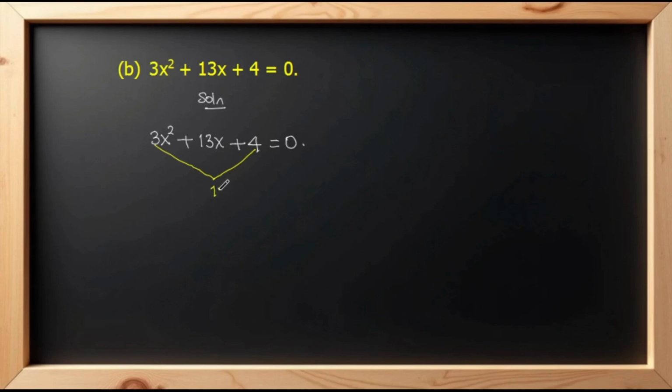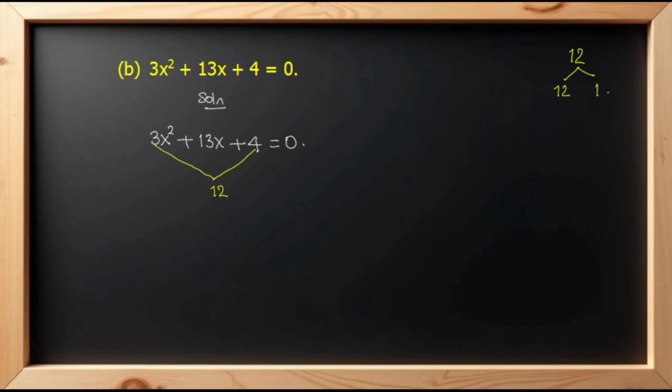So here we obtain 12. So our new constant is 12. We can take it somewhere and look at two factors of this 12 that when we add should give us 13, and when we multiply should give us 12. So these factors are 12 and 1.